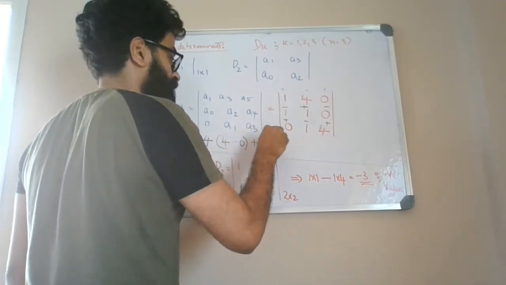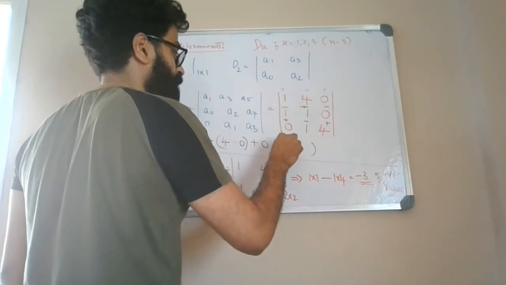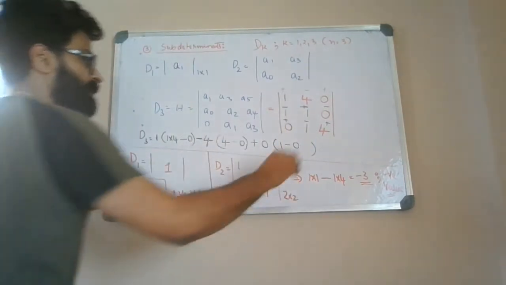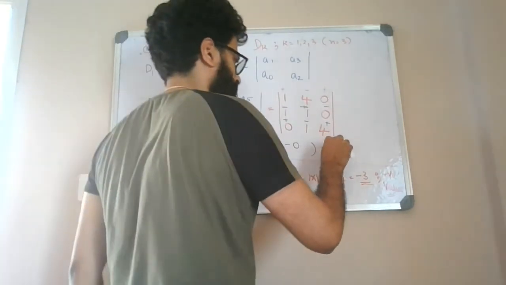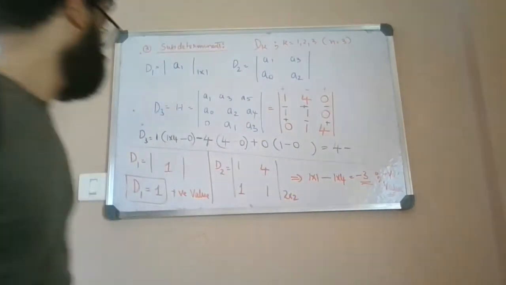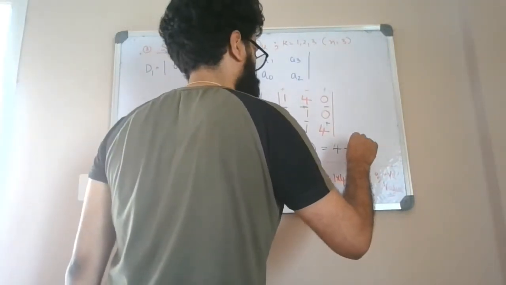Plus 0 into 1 into 1 minus 0. So that is equal to 4 minus 8 minus 16. Sorry.